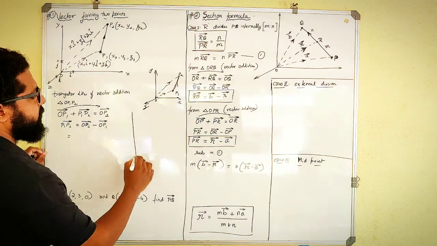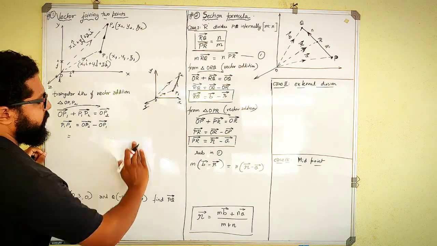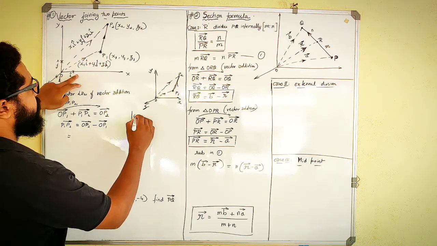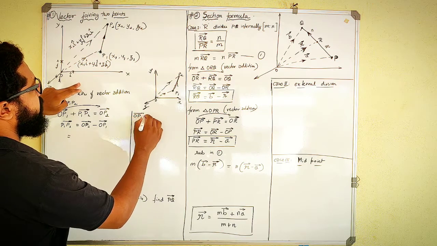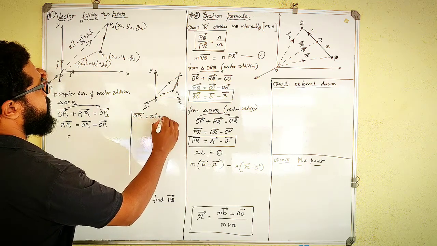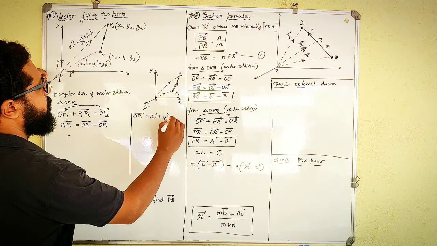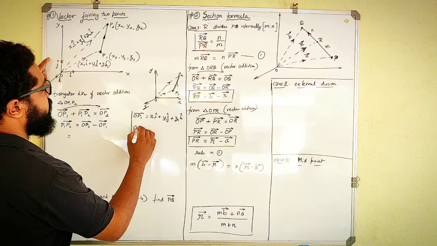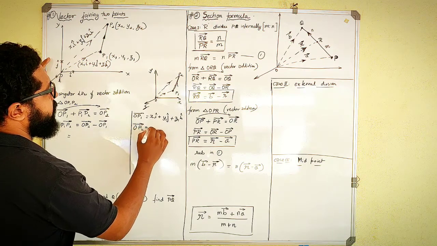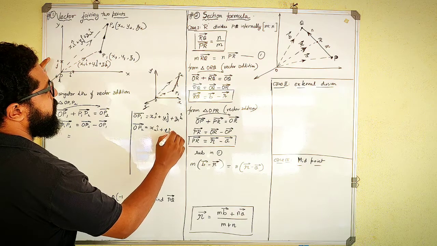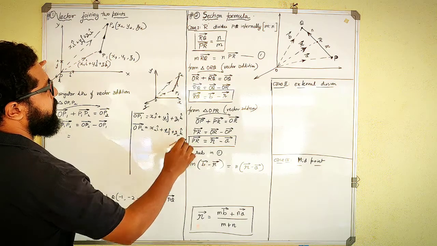Let me write it at one side once again so that it is not confusing for you all. The OP1 vector will have its components as x1 i cap plus y1 j cap plus z1 k cap. Then the OP2 vector has the components x2 i cap plus y2 j cap plus z2 k cap.